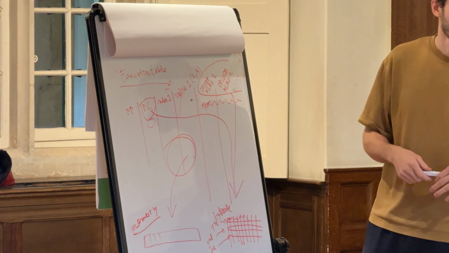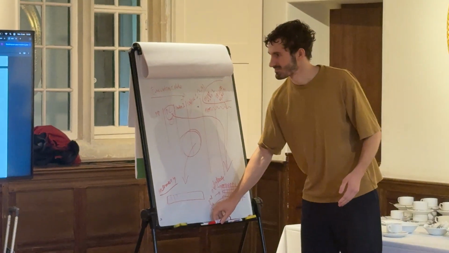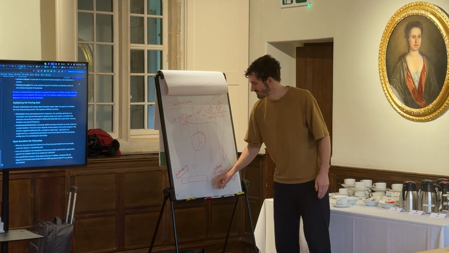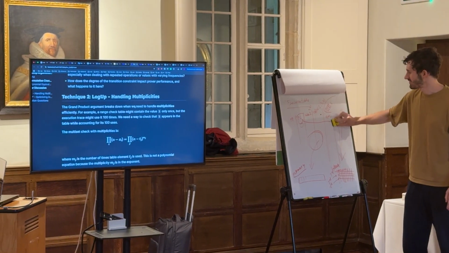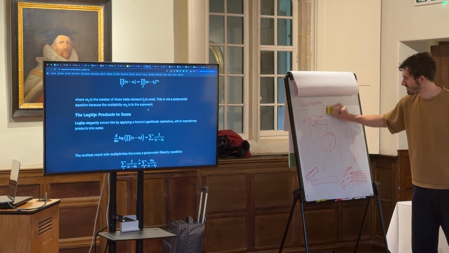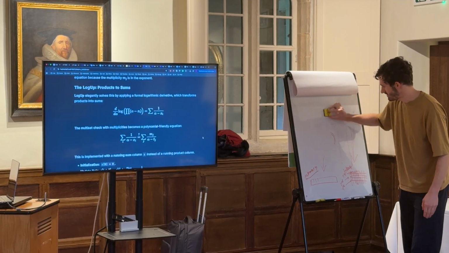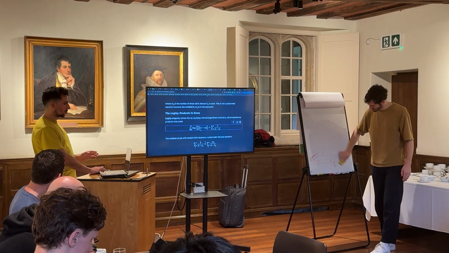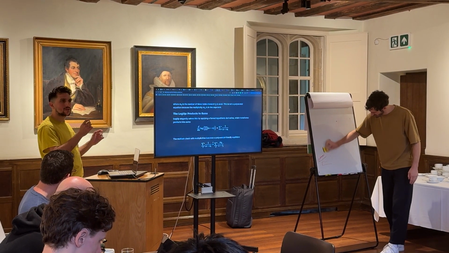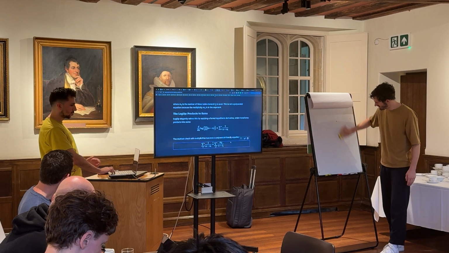Can you show us lookup star? Yes. So the basic logarithmic derivative: you have the product, and with the log you take the derivative, and then you end up with the sum.